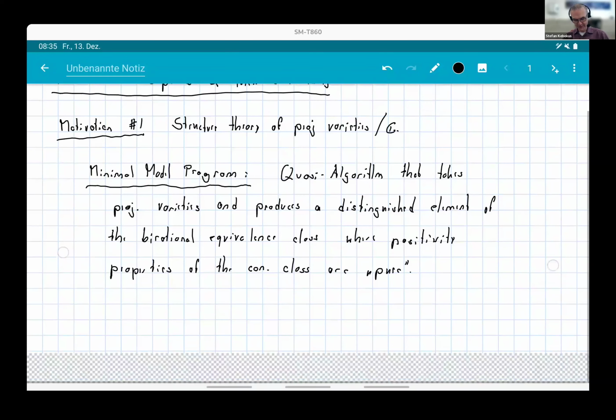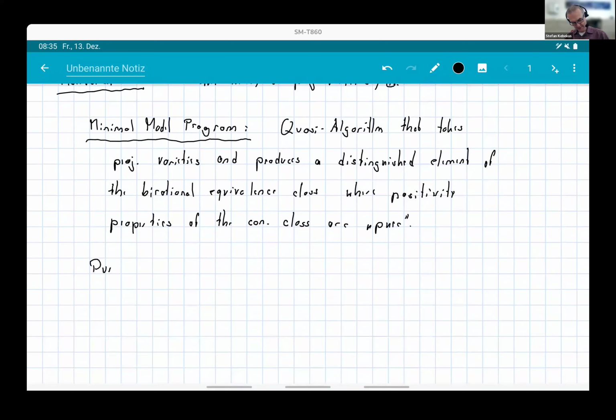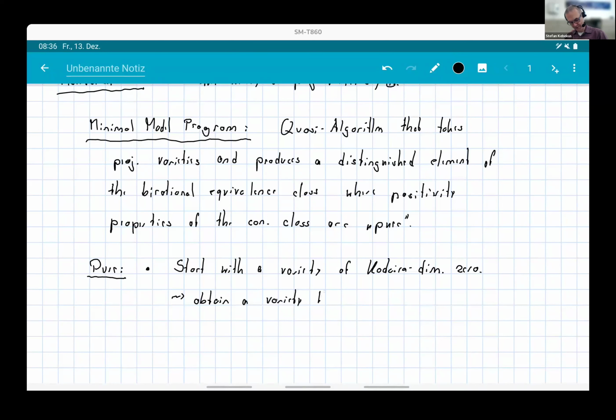And what do I mean by pure? Pure means something like: start with a variety of Kodaira dimension 0, and obtain a variety whose canonical class is numerically trivial.